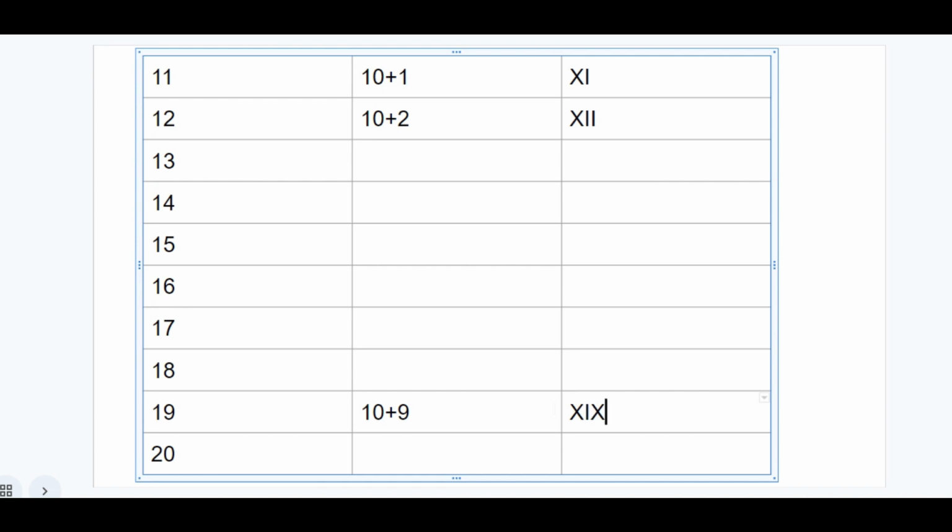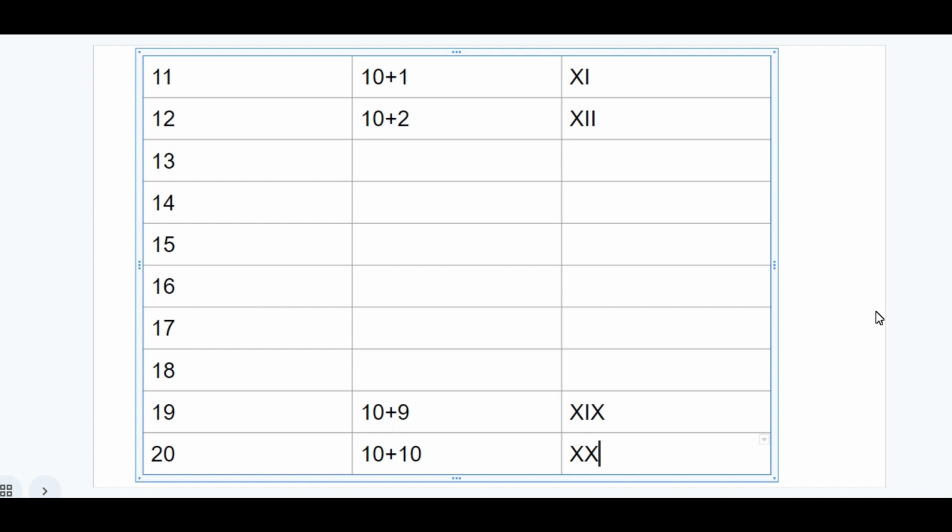Okay, so 9 is equals to IX and I have written X IX is equals to 19. And what about 20? 20 means 10 plus 10, right? 10 is equals to X and 10 is equals to X. So this is equals to your 20. In this way you can complete all of this table yourself.